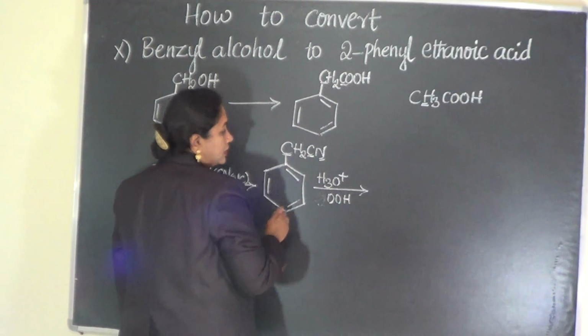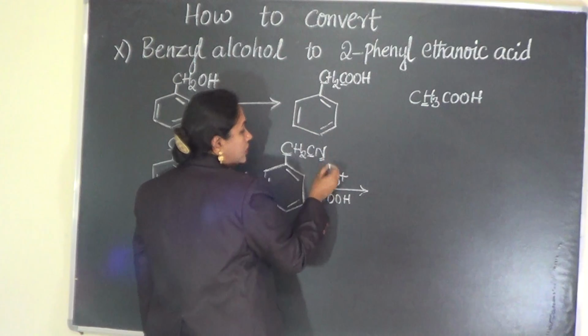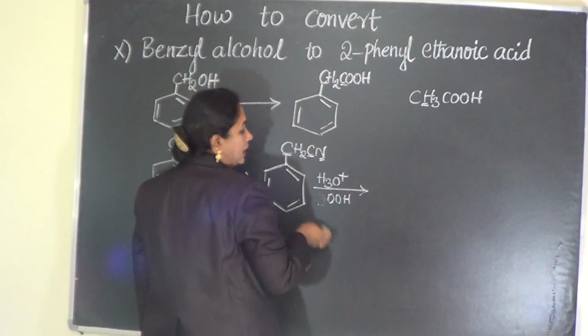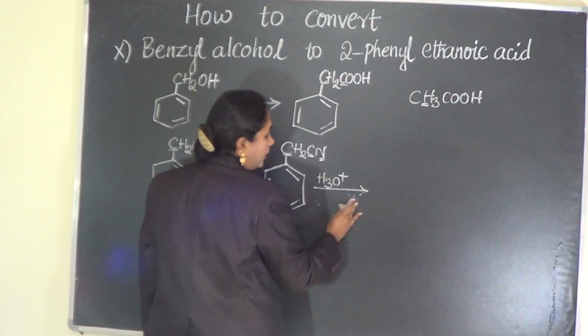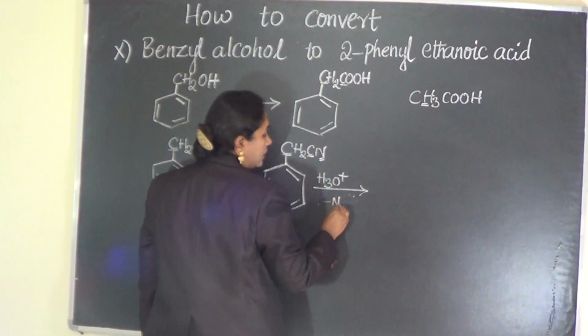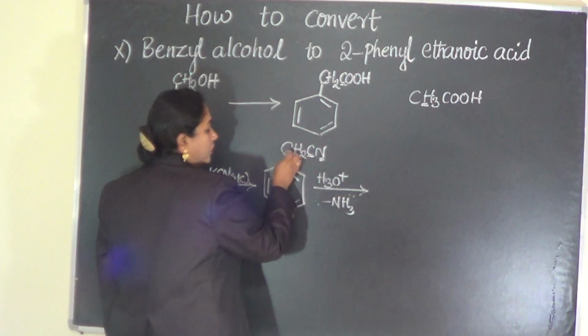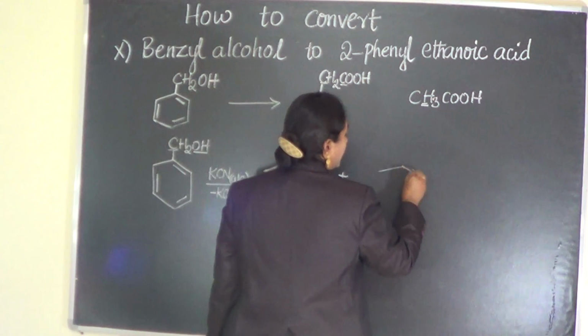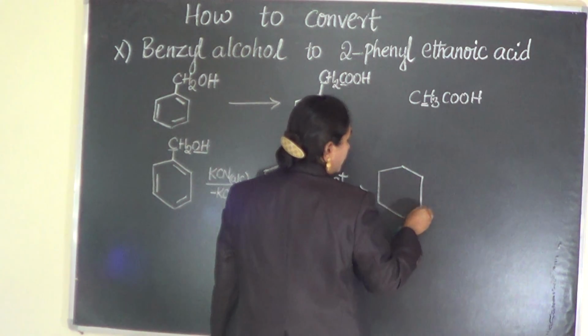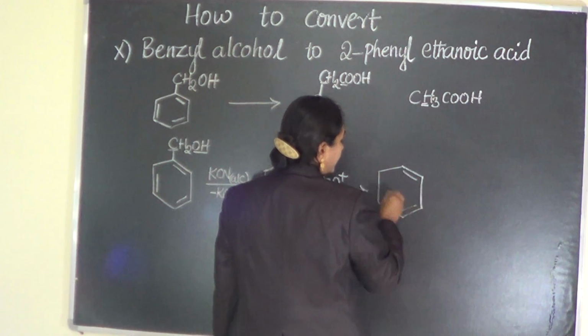And then what happens? From the water, the hydrogens, three of them will combine with this nitrogen and it will form ammonia. So we have NH3 being released. So therefore we land up in the formation of the product of our requirement.